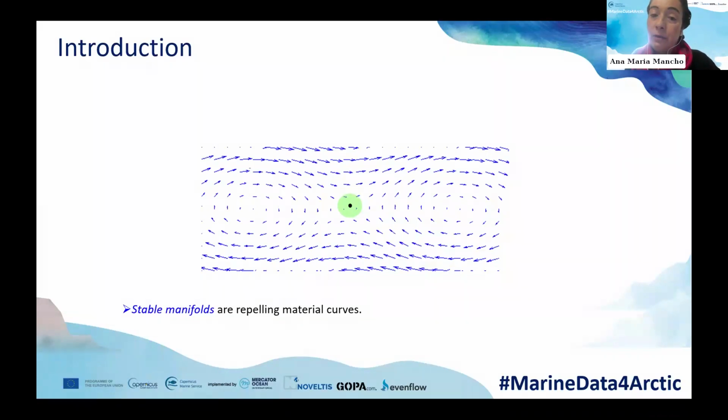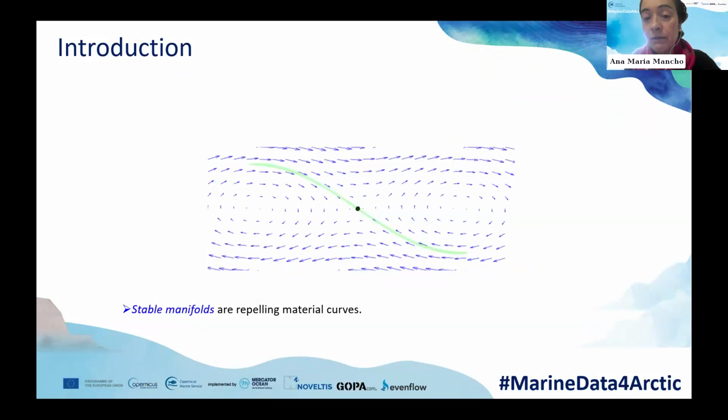And fluid parcels in the neighborhood of a hyperbolic trajectory are coming from another curve that is called a stable manifold because this curve is related to the contracted direction of the hyperbolic trajectory. And as time evolves, these curves tend to shrink and be collected within the neighborhood of the hyperbolic trajectory. I am calling these curves repelling material curves.